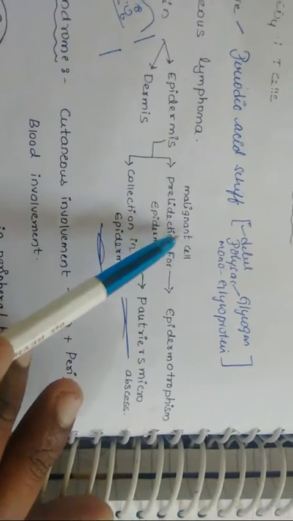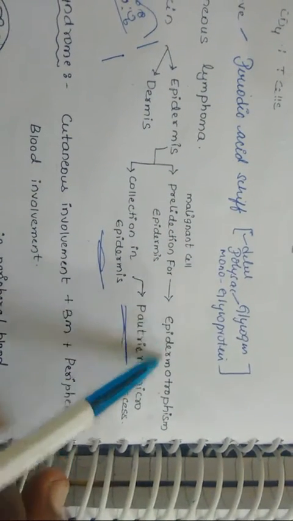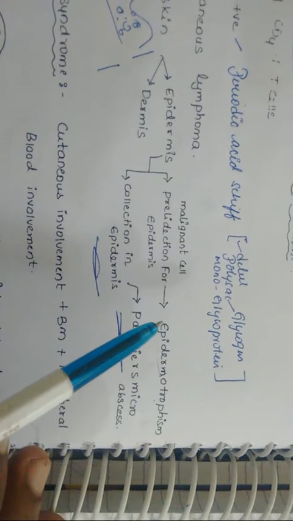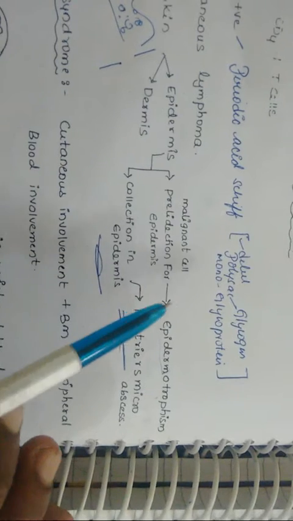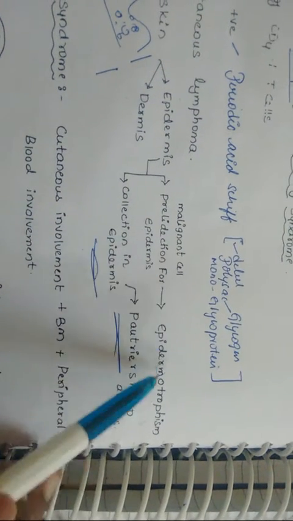It is a collection in the epidermis, where you have malignant cells. Malignant cells proliferate in the epidermis; this is epidermotropism, because due to some stimulus in the T cells, the normal cell is transforming into a malignant cell.